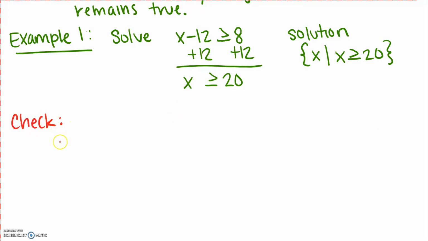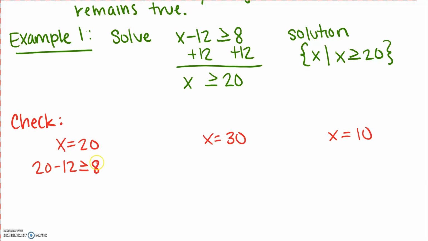And let's choose x to be 20, x to be 30, and lower, let's choose 10. So if I have 20 minus 12 greater than or equal to 8, that gives me 8 is greater than or equal to 8, which is true.